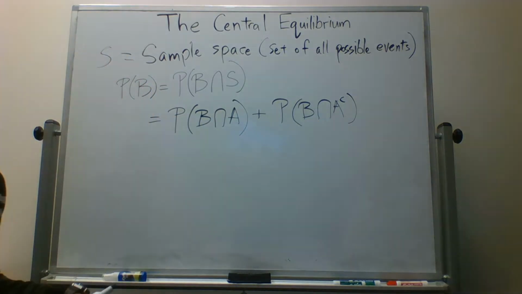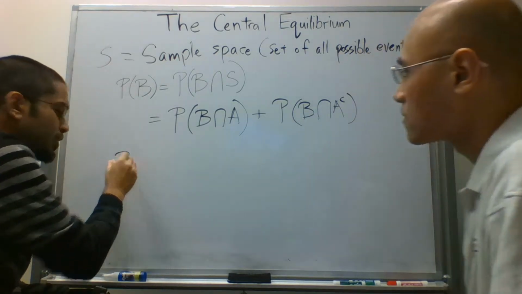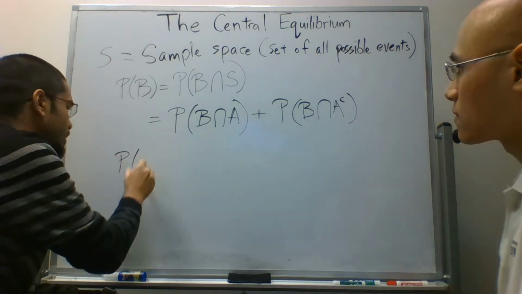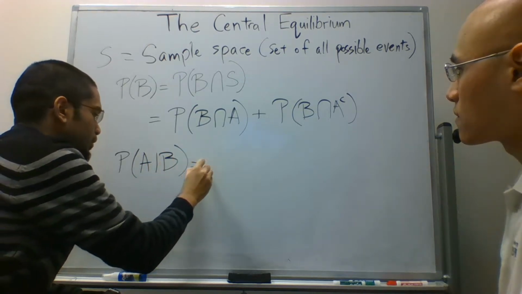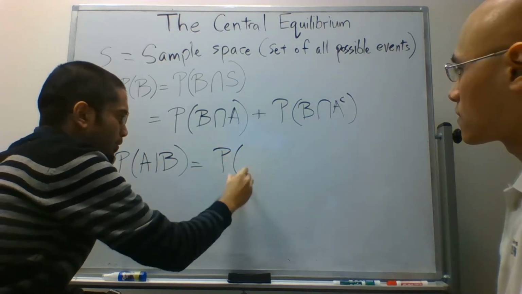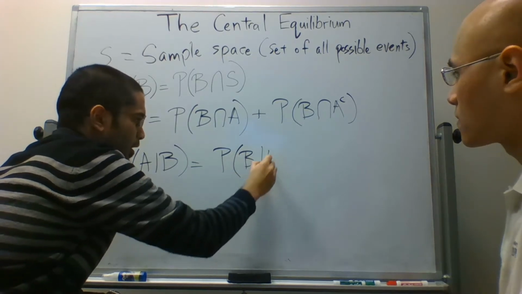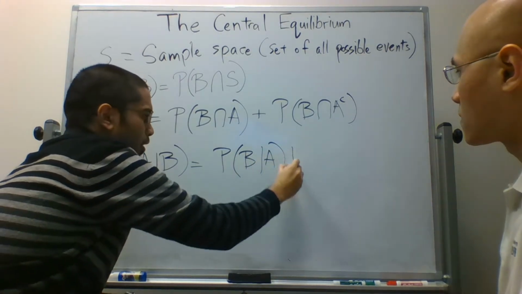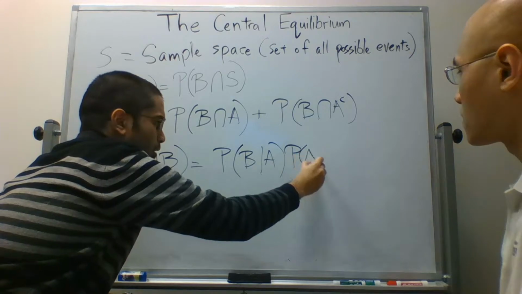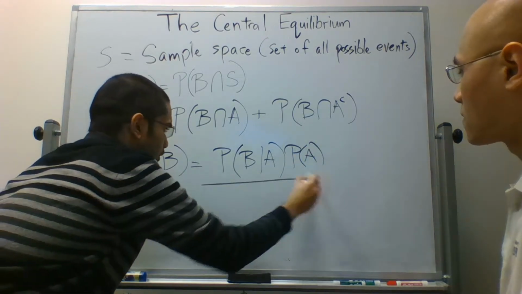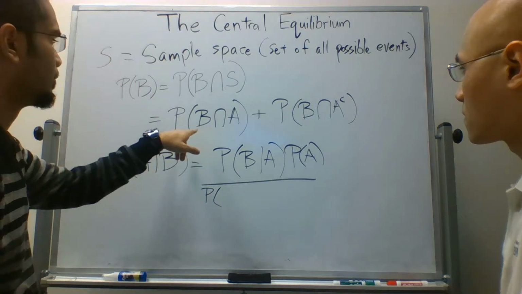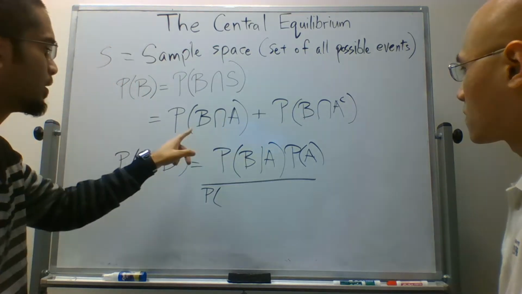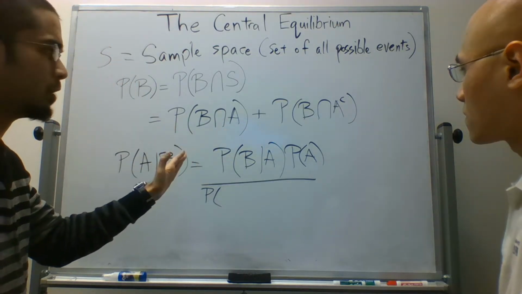So we can now rewrite Bayes' theorem as probability of A given B is equal to probability of B given A times probability of A over probability of, so these guys together, I will write this in terms of its conditional probabilities.